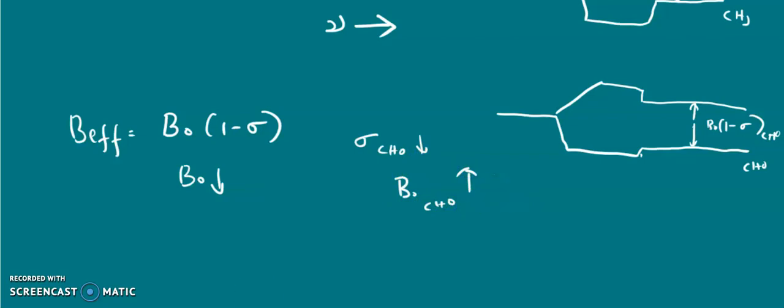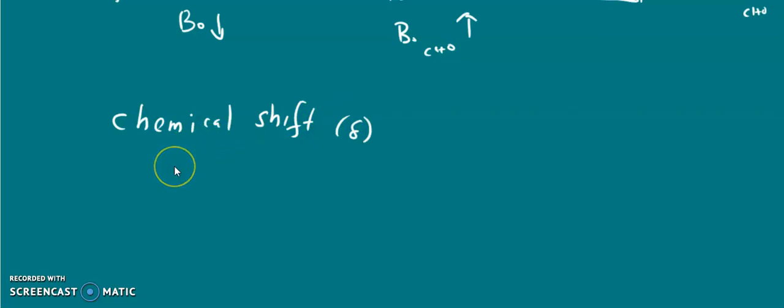Okay. Now we will give the exact definition for the chemical shift delta. The chemical shift delta is defined as the shift of the resonance line of a given compound from that of a standard reference sample. Generally the absolute magnitude of the shift is very small.